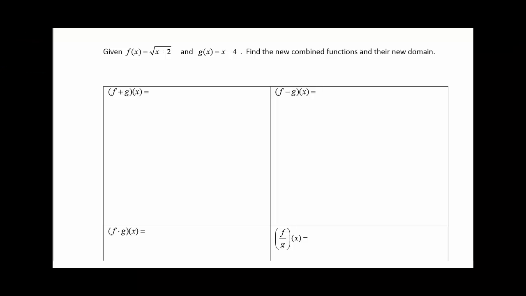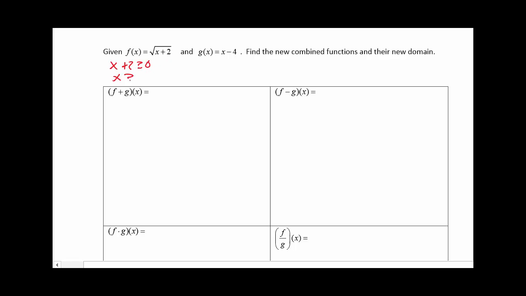Now let's change f and g to something a little bit more interesting. So let's make f be the square root of x plus 2, and then we'll just let g be x minus 4, and kind of go through the process here. So starting off with, let's think about what would happen to f and g on an individual basis. Since f is a square root of x plus 2, that means I want to figure out what's going to make the inside piece be greater than or equal to 0.